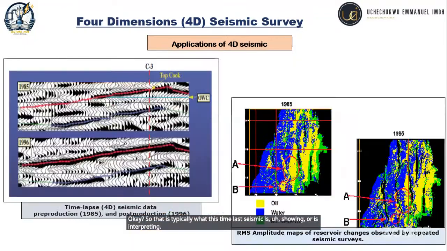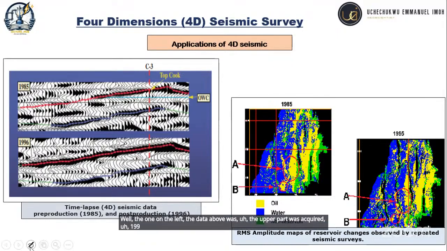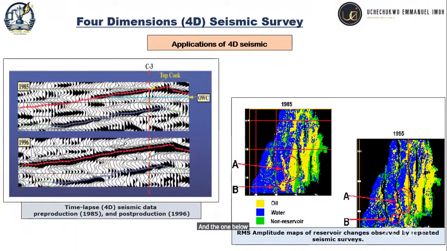Another one, we can also look at the image here. On the one on the left, the upper part was acquired in 1985, and the one below was acquired in 1996.